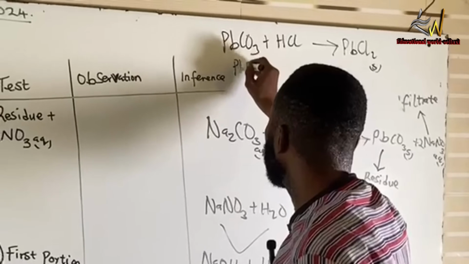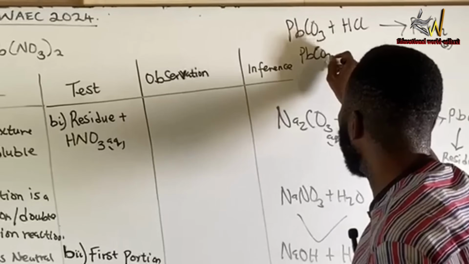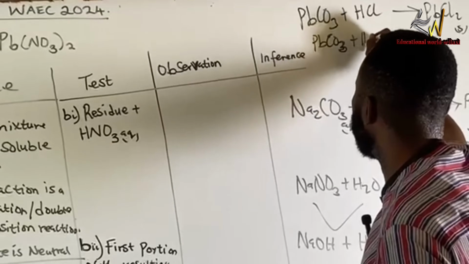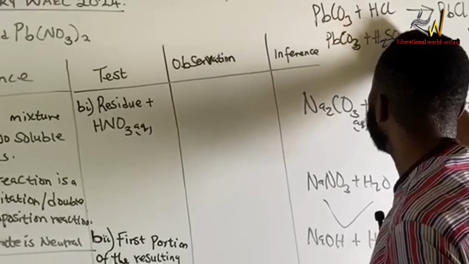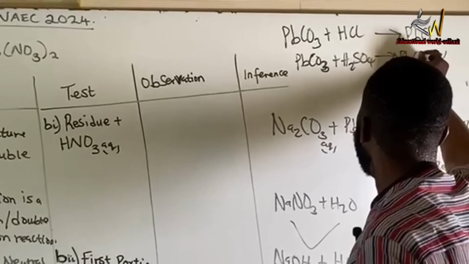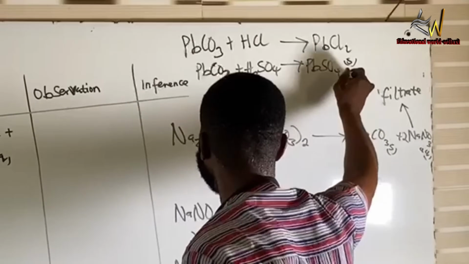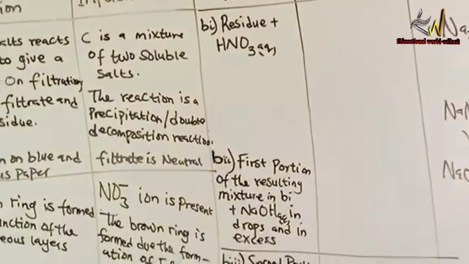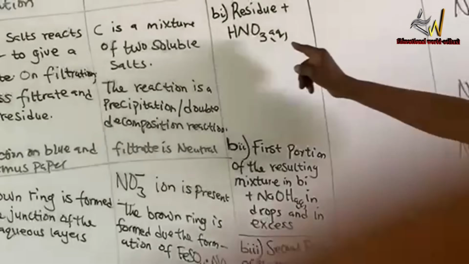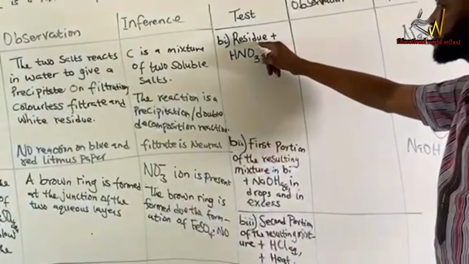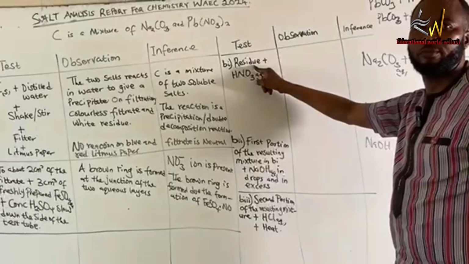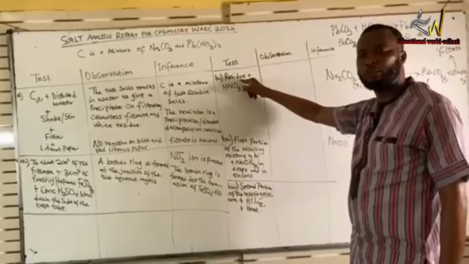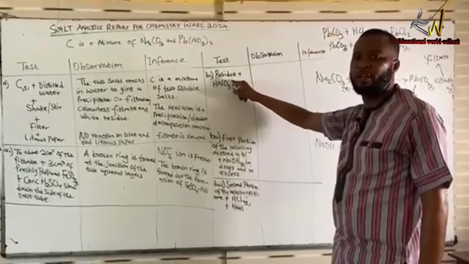When you use H2SO4, there will be formation of PbSO4 precipitate, which is insoluble. Now, they will ask us to use aqueous HNO3 that will dissolve the residue to a colorless solution.